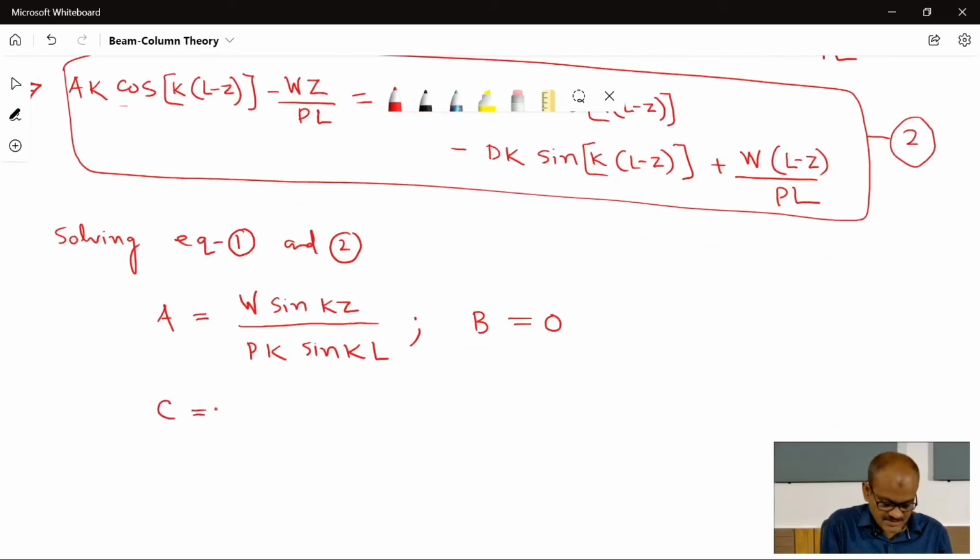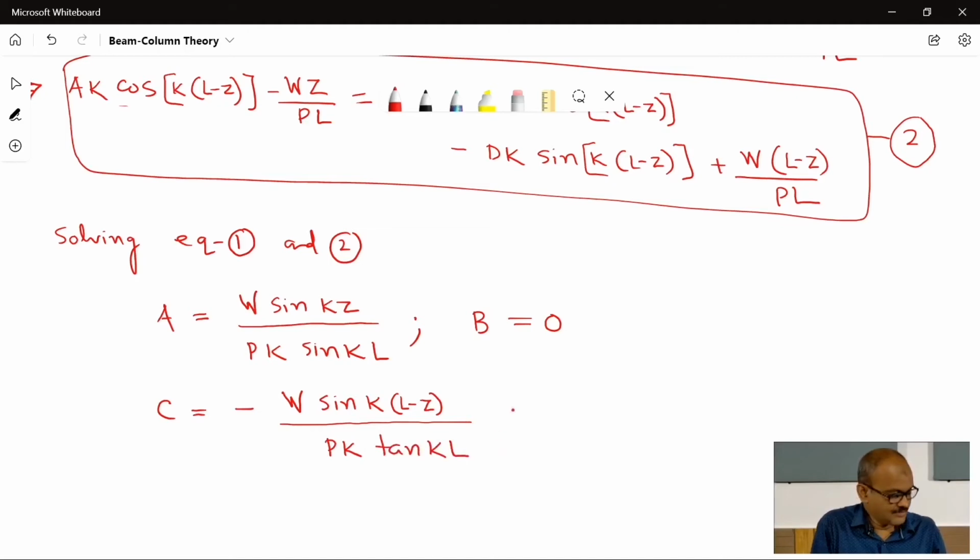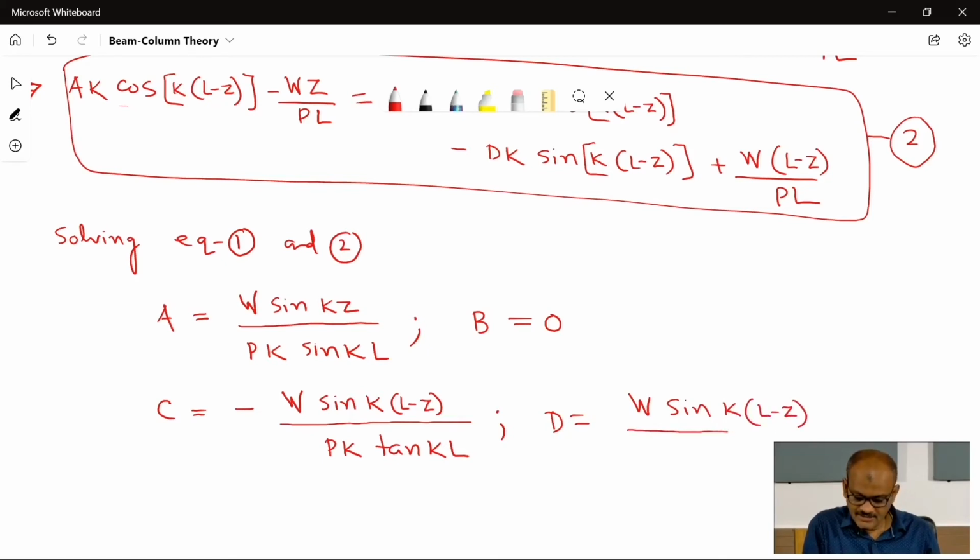C value is minus W sin k(L minus z) divided by Pk tan kL, and this D value is W sin k(L minus z) divided by Pk.